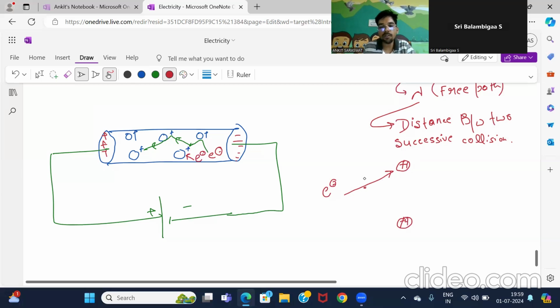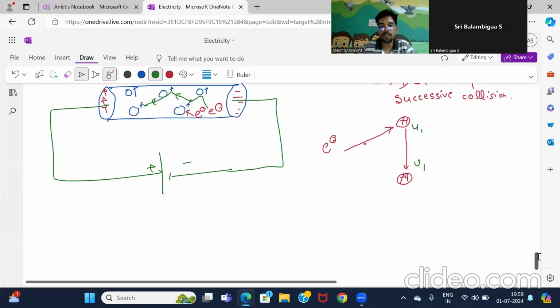Then again it will accelerate here. After colliding with one of the atoms or kernels, it will lose its entire energy. Then again it will move with the thermal velocity u1. Here v1. If this is u1, this is v1.